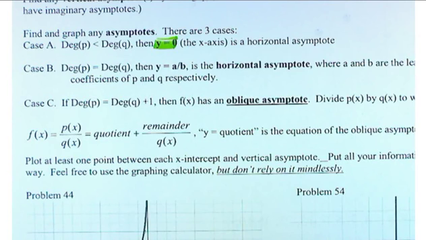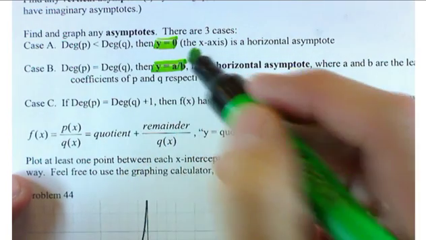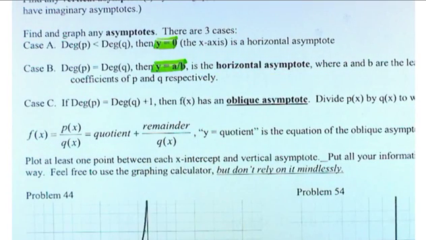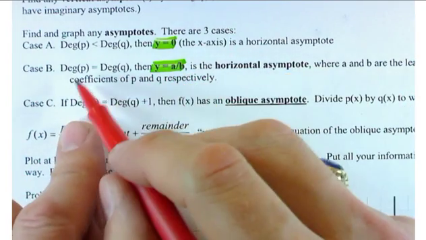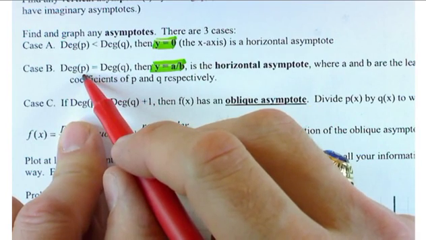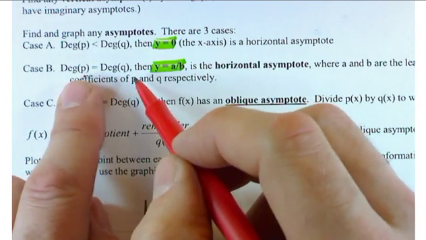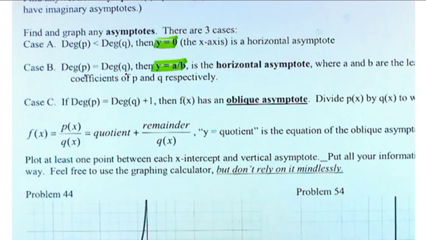If the degree of the numerator equals the degree of the denominator, then you're going to get the line y equals a over b. What are a and b? A and b are the leading coefficients of these polynomials. A is the leading coefficient of p in your numerator, and b is the leading coefficient of q in the denominator.